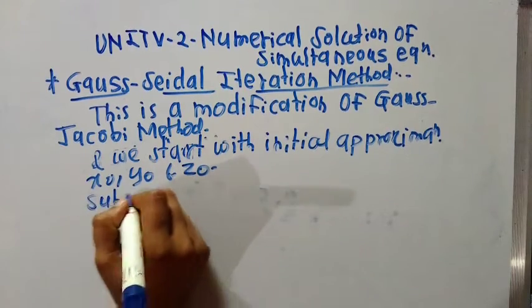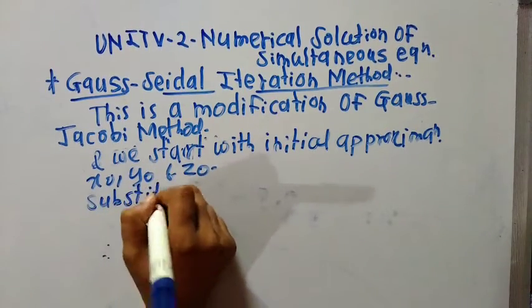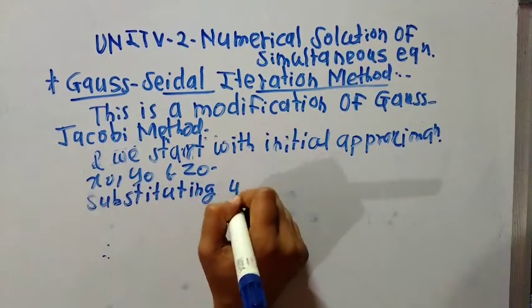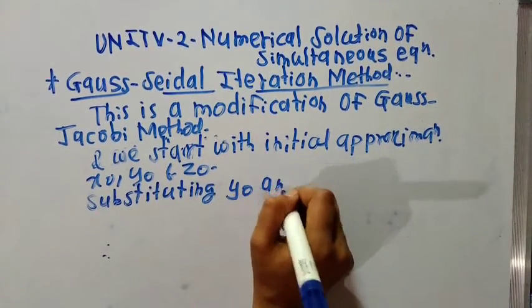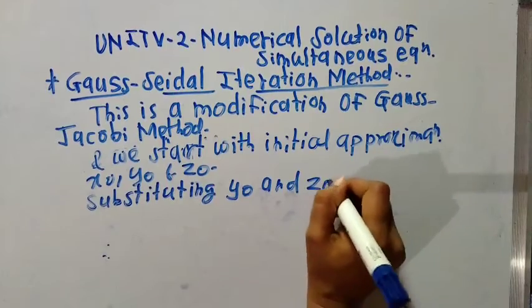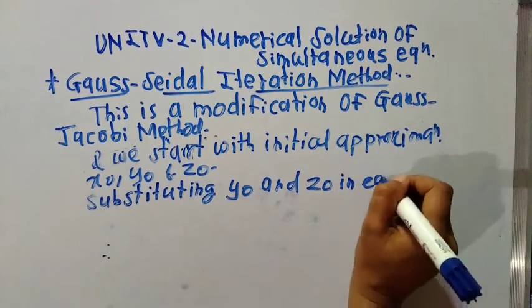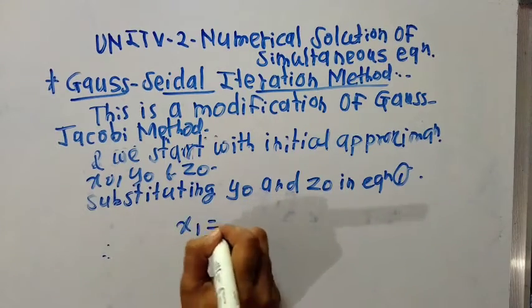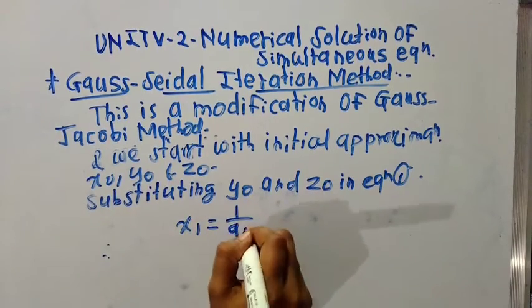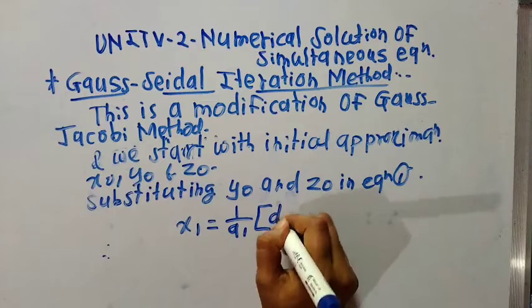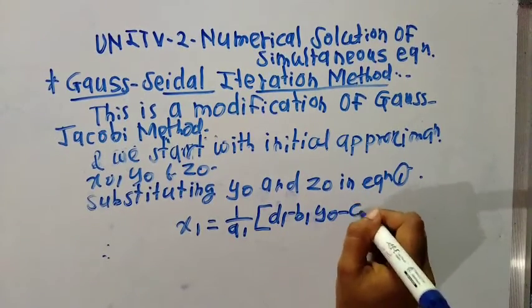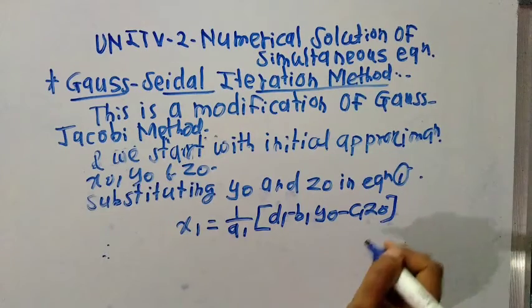Then substituting y0 and z0 in the first equation we get x1 is equal to 1 divided by a1 into d1 minus b1 y0 minus c1 z0.